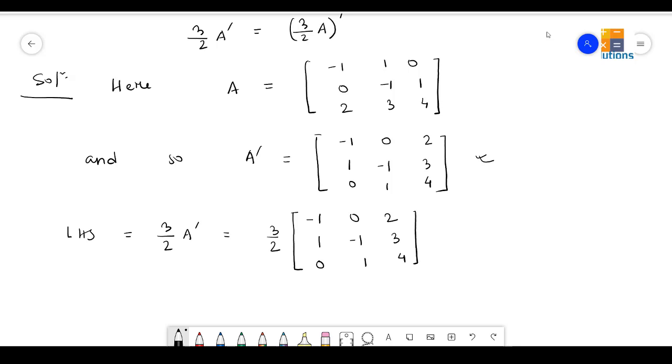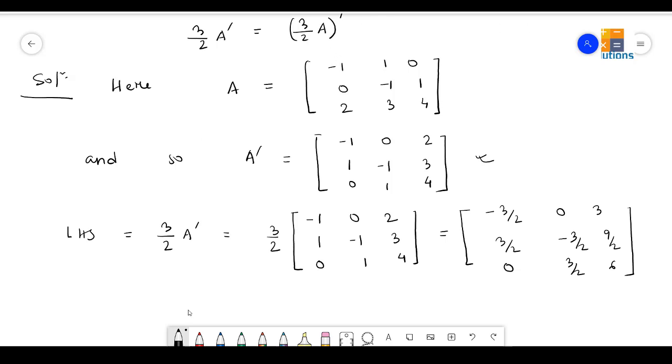Let us check what result we get after multiplying this scalar quantity to each and every entry of this matrix. We get -3 by 2, 0, 3, then 3 by 2, -3 by 2, 9 by 2, then 0, 3 by 2, 6. So this is the result for LHS.